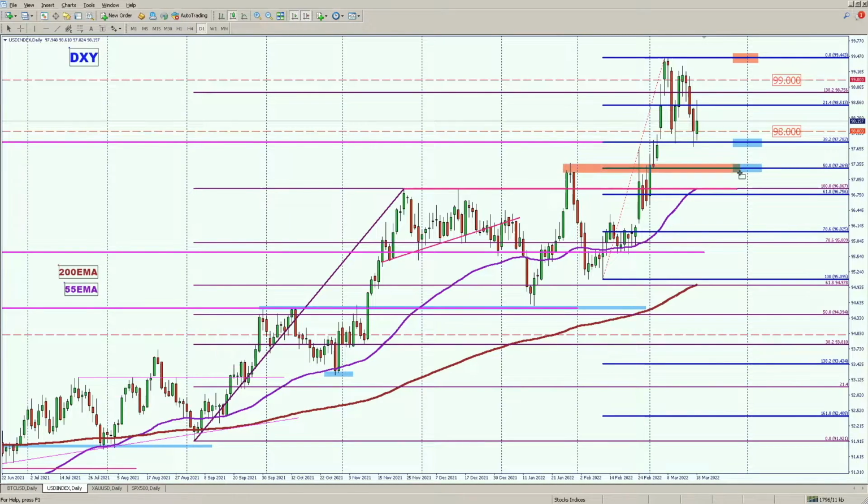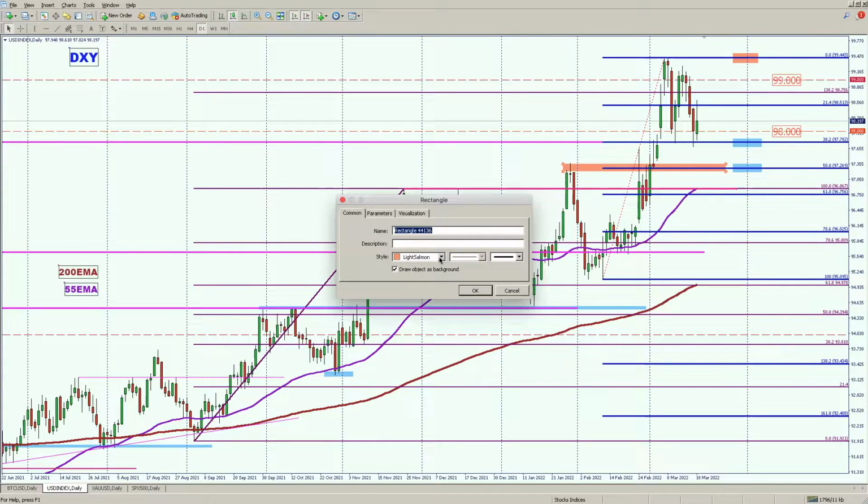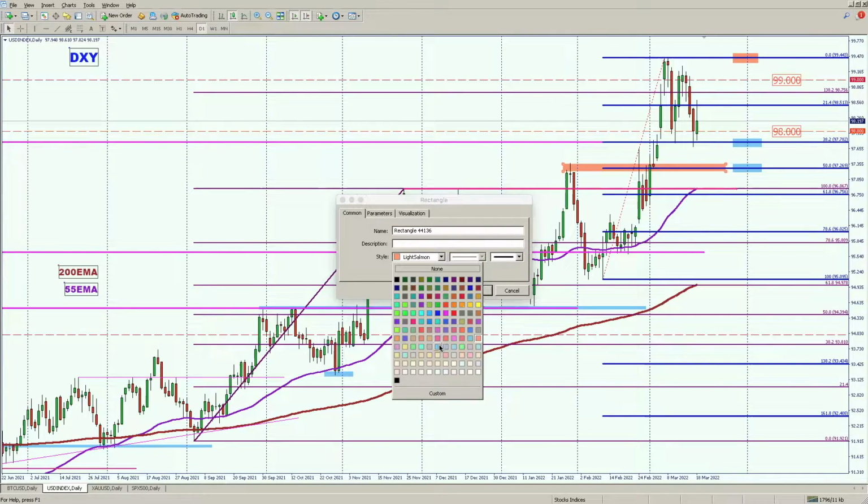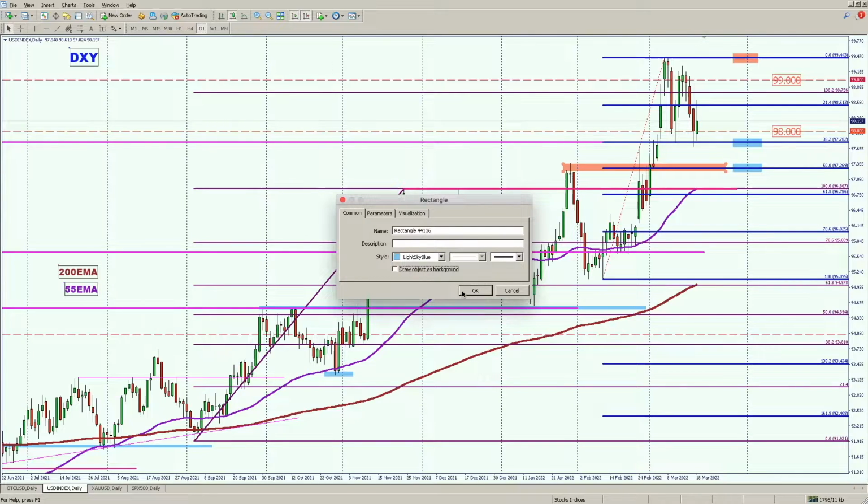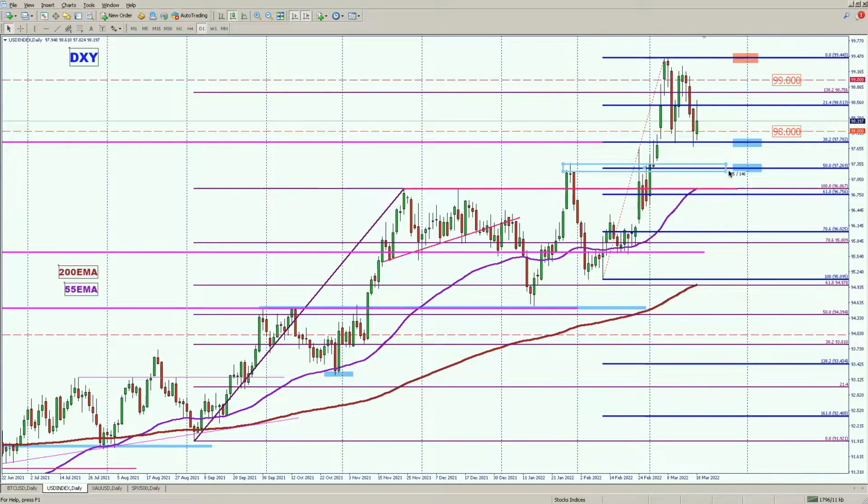So we could also identify this area. All right, so let's move back to the other pairs.